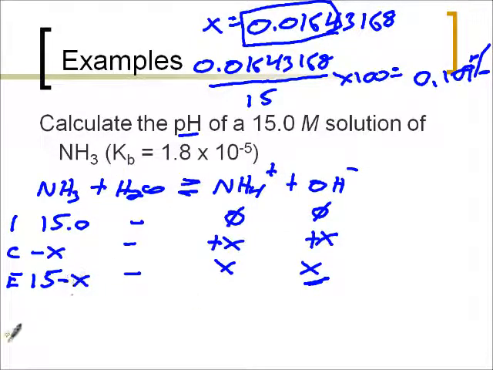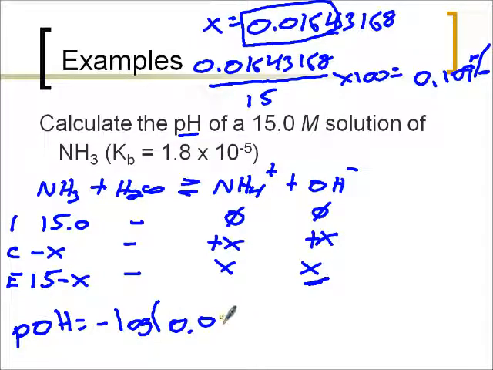There are several ways you can answer this, but I'm just going to find the pOH, which I find the easiest, and just subtract from 14. So pOH equals negative log of 0.0164, and let me plug this in my calculator, I'm going to get an answer of 1.79.